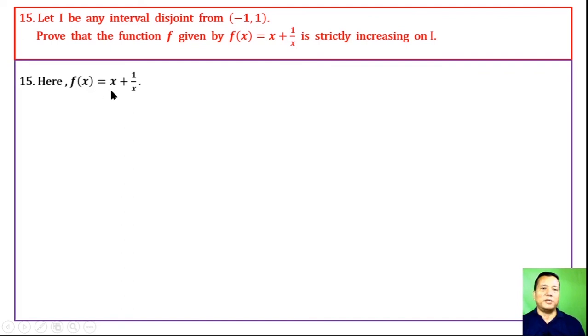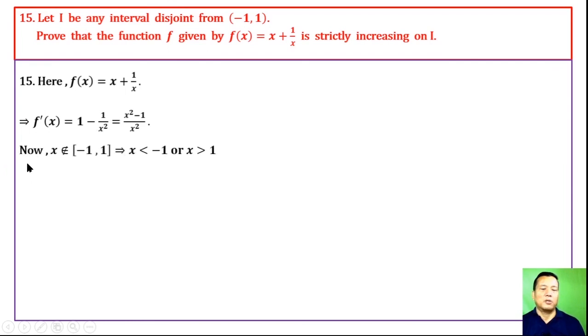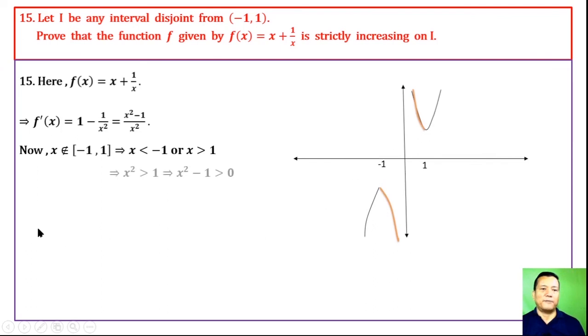Here f of x is equal to x plus 1 by x, whose derivative is 1 minus 1 by x square. Simplifying, we get x square minus 1 by x square. Now x does not lie in -1, 1. That is, x is less than -1 or x is greater than 1, as in this picture.